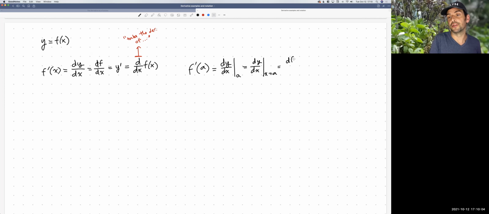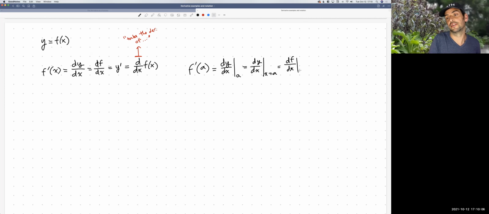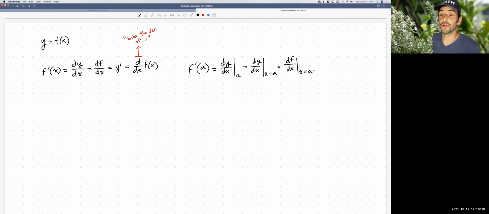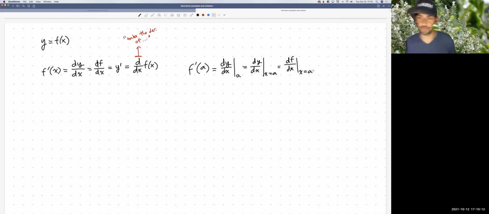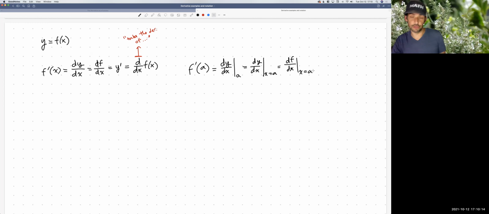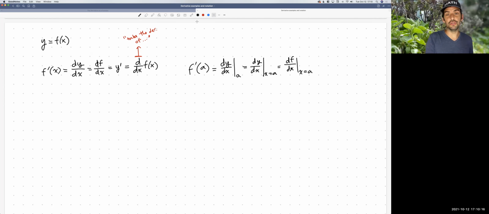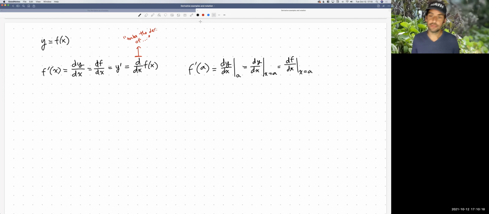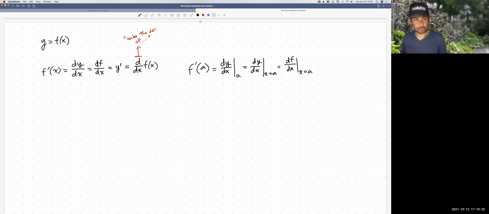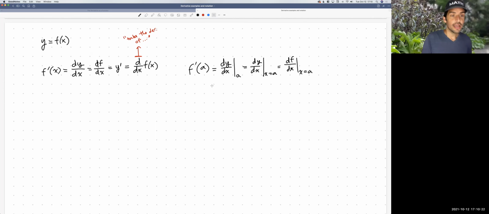We can do the same thing with df dx and x equals a, right? So these are also ways in which we can write down the derivative at a point. We don't do these ones on the right as often, but they do come up. So it's good to know, and you might see them out there.